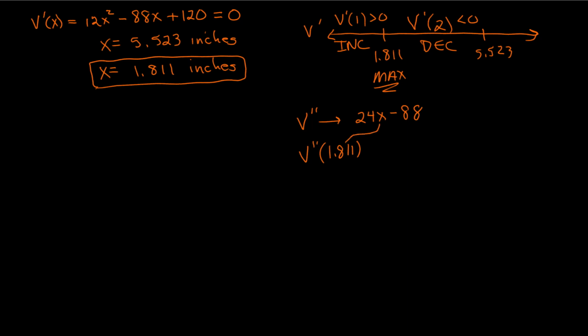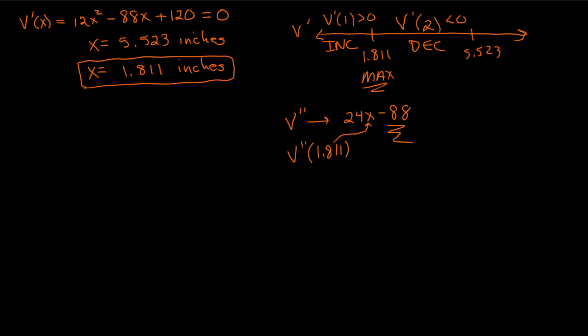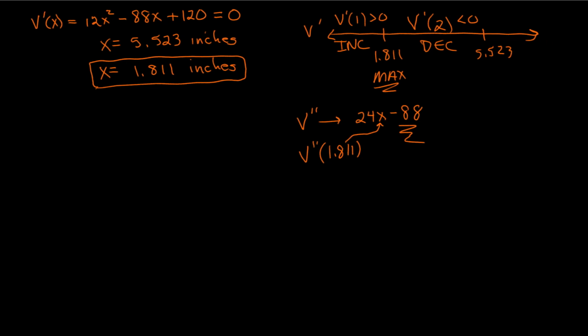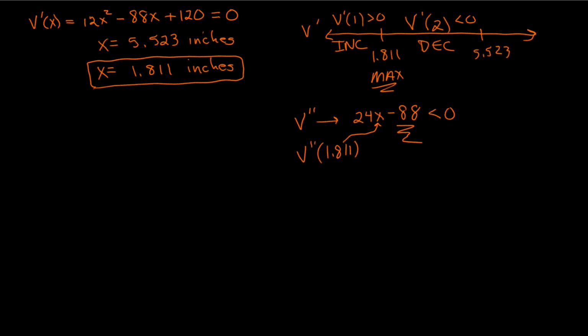If I take this 1.8 and multiply it by 24, well, that's a little smaller than 48. Yeah, well, we need to be more exact than that, don't we? Not really, because we're subtracting 88. If I'm around 40, 50, something like that, regardless of what I do, this is going to be less than 0.